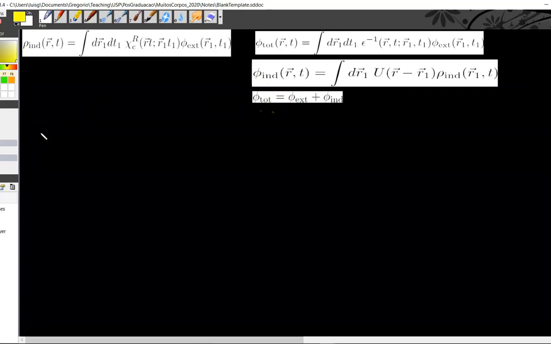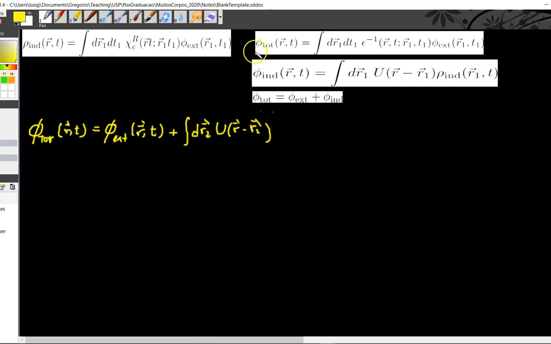So phi total at position r and time t equals phi external at position r and time t plus this integral. I'm going to write it at r2, because I already have an r1 there, so I'm going to keep that. u(r minus r2) times the induced charge at position r2 and time t.